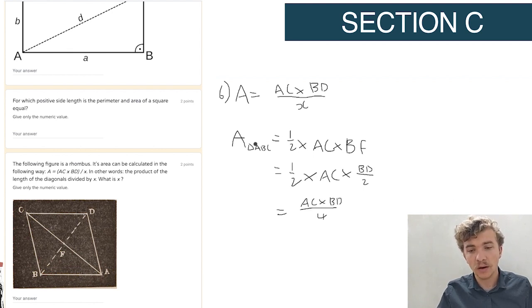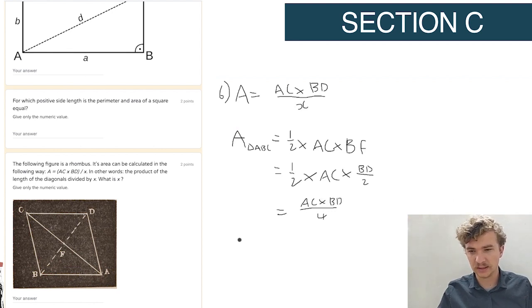But that's only half of the area of the rhombus. We still need the area of triangle ACD. You can calculate it and you'll get the same result, because AC is still the base of the triangle, and the height of the triangle, DF, is again just half of BD. So you actually get this again.